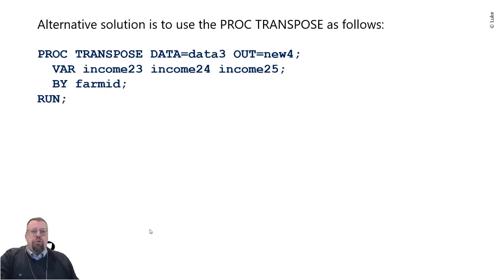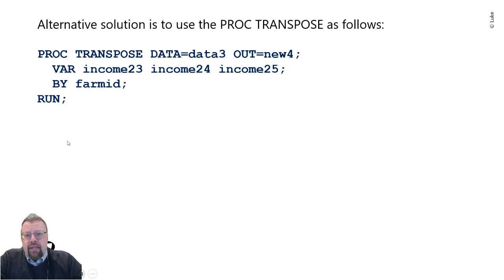There is an alternative solution to do this transposing, and that's to use the proc transpose procedure, which is a tool specifically for doing this kind of transposing. And the way that works is that we define that we start with the data 3, that's the input data, and in this out equals option we can define that the output data will be saved as new 4 data set.